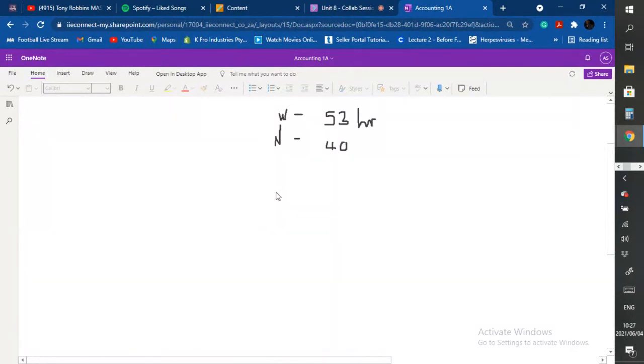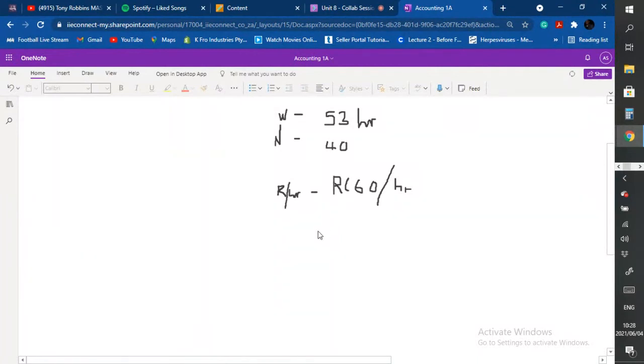Then what we know is her rate per hour. How much did they say? It's 160 Rand per hour.